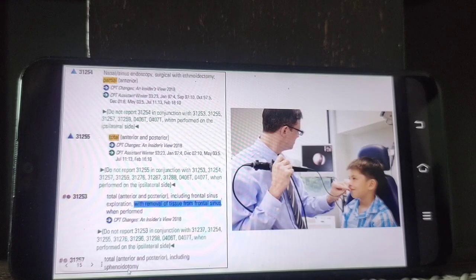So here, during the same session, the doctor removes the ethmoid as well as the sphenoid: 31257. Did you understand now? Every indented code must start from the standalone code. That is important. Then only can you understand the full code description.